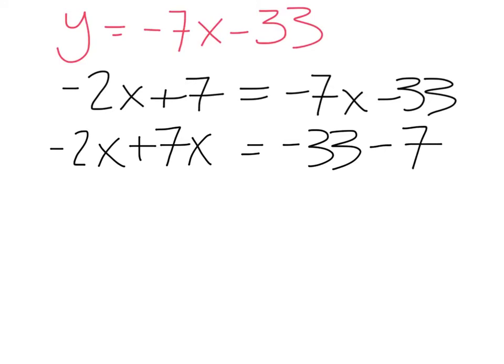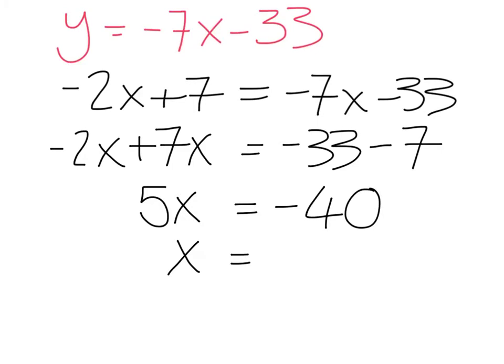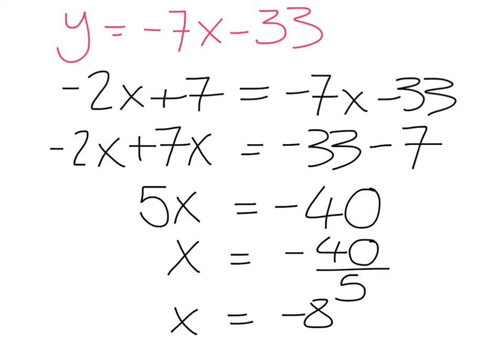So we have negative 2x plus 7x, which is 5x, and negative 33 take away 7, which is negative 40. So 5x equals negative 40, which means x is negative 40 divided by 5, which means x equals negative 8. So we have our x value for our point of intersection.